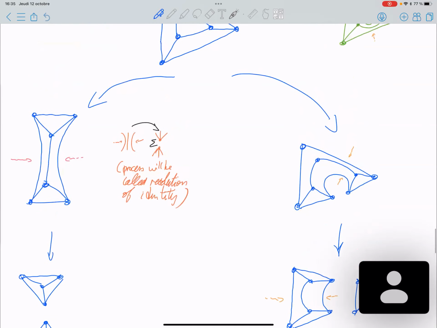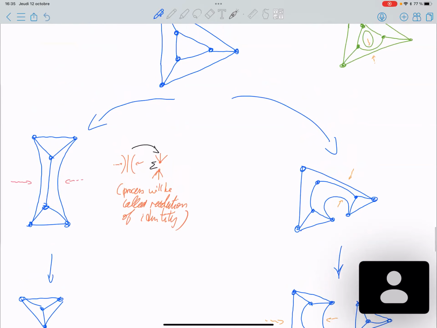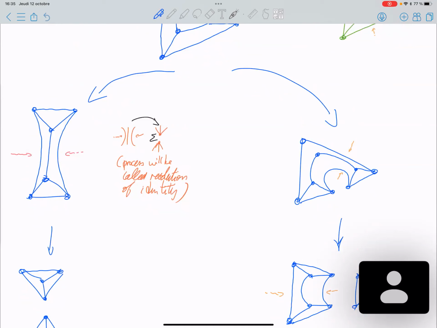The proof we will provide, which will be one of the main results of the course, will provide all the details of how to do all these steps in the tensor category framework.